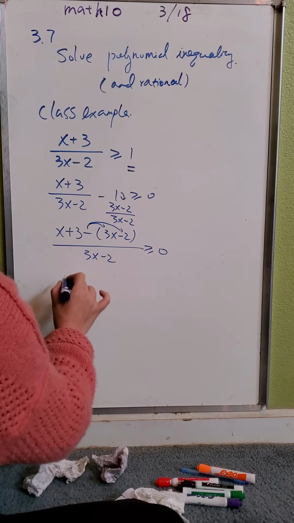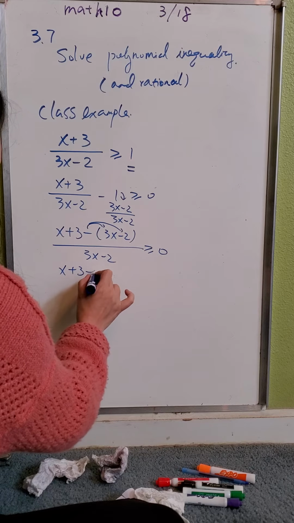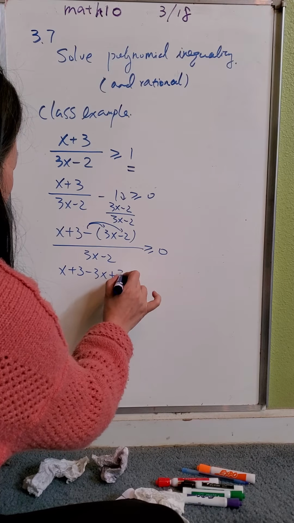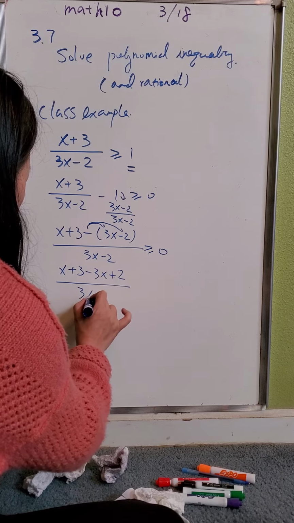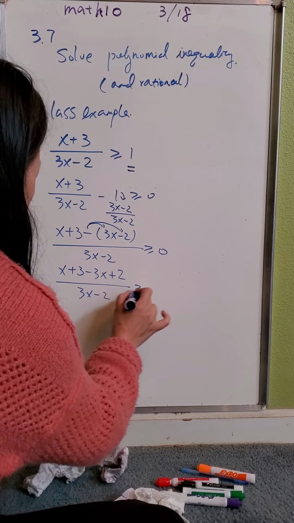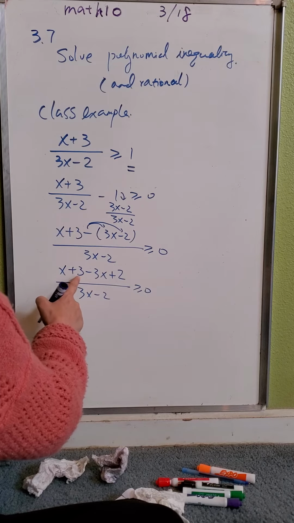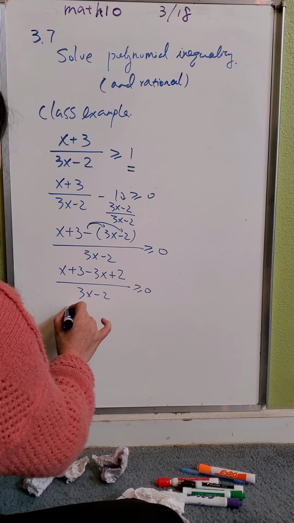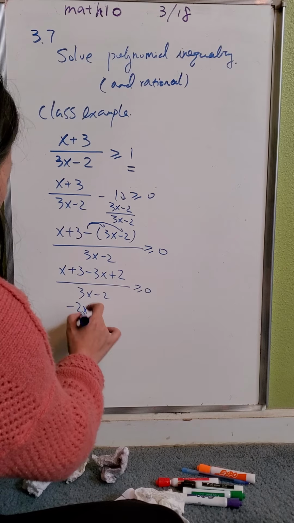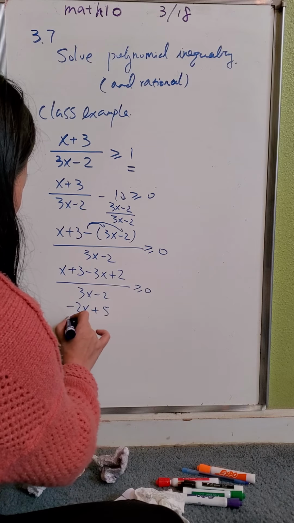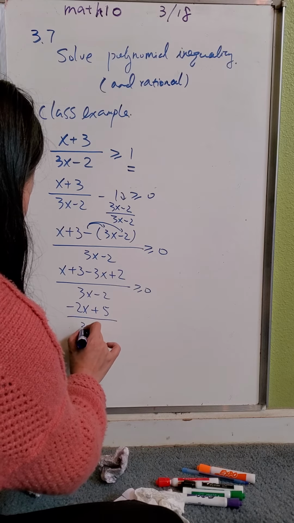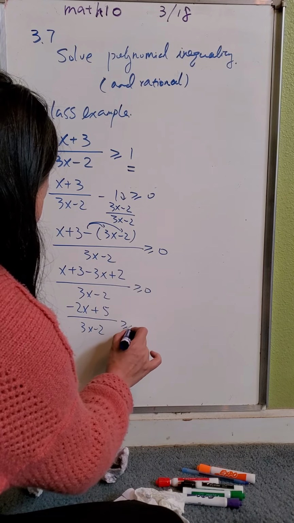Okay, distribute that. Combine like terms, so that becomes negative 2x plus 5 over 3x minus 2 greater than or equal to 0.